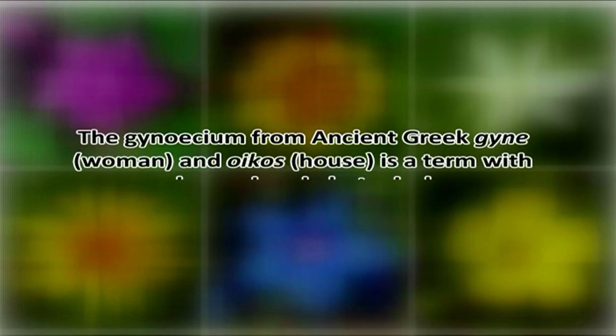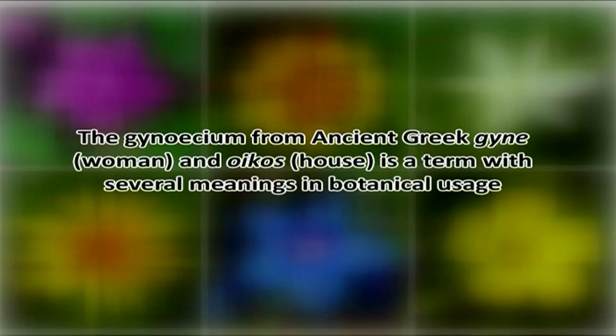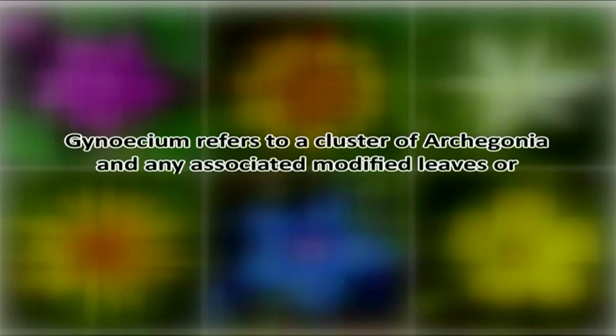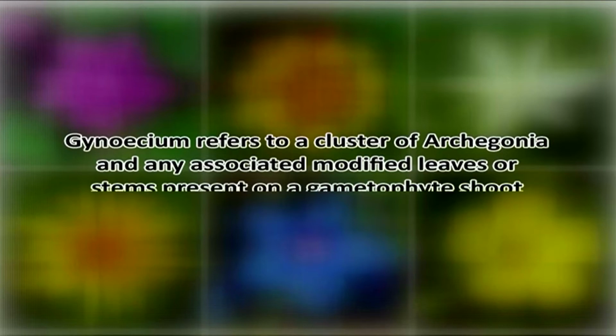Now we come to gynoecium. The gynoecium, from ancient Greek gyne meaning woman and oikos meaning house, is a term with several meanings in botanical usage. In reference to mosses, liverworts and hornworts, gynoecium refers to a cluster of archegonia and any associated modified leaf or stems present on a gametophyte shoot.